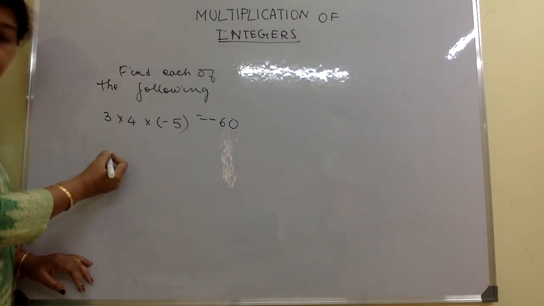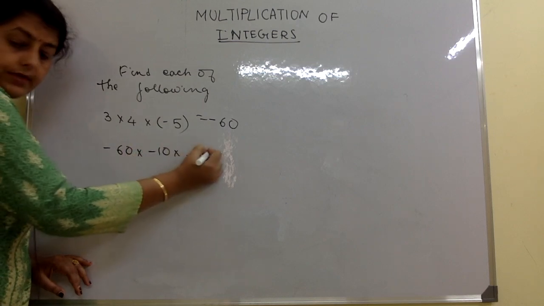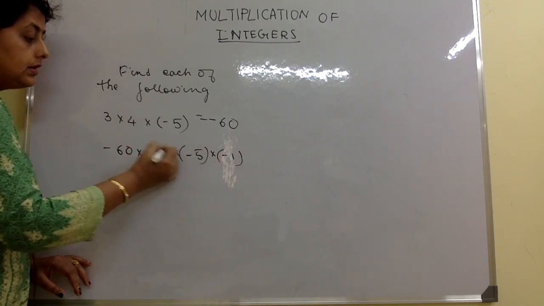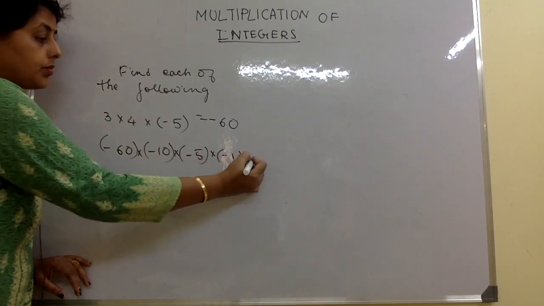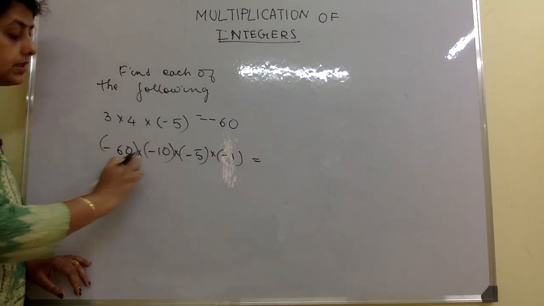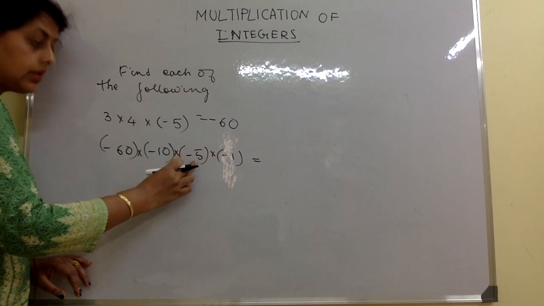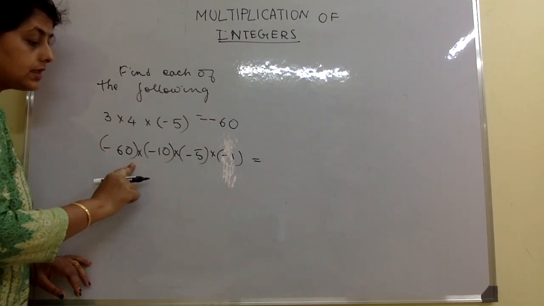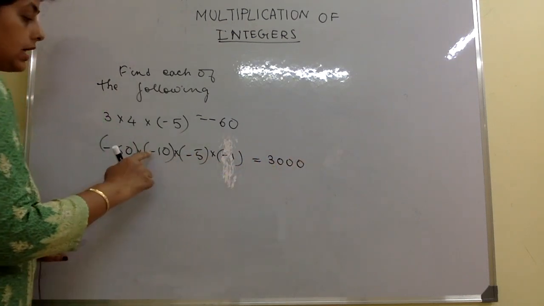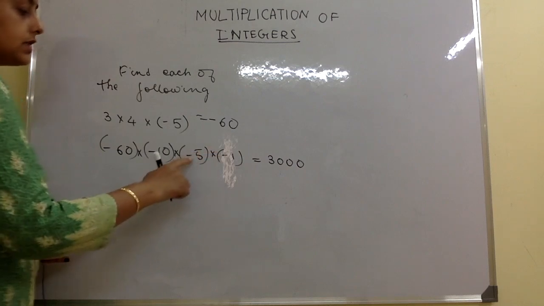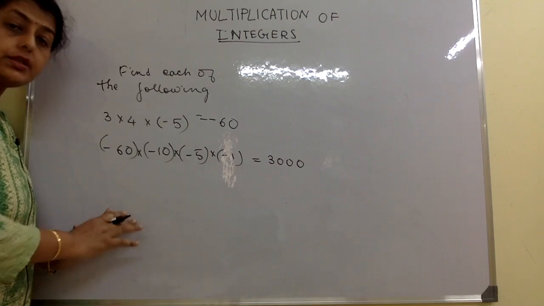Another one, let me take minus 60 into minus 10 into minus 5 into minus 1. See, this is again a continued product. This time I have 4 of them. No problem, you just multiply the numbers: 60 with a 10 is 600, into a 5 is 3000, into 1 is 3000. And if a minus sign comes an even number of times, it is positive.